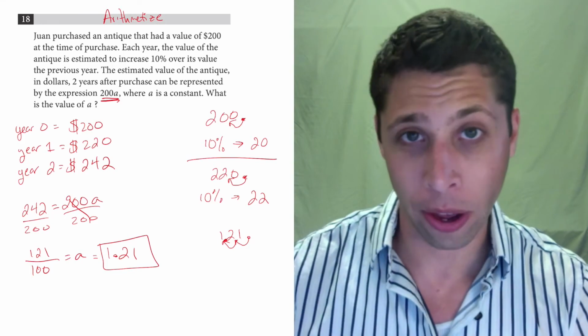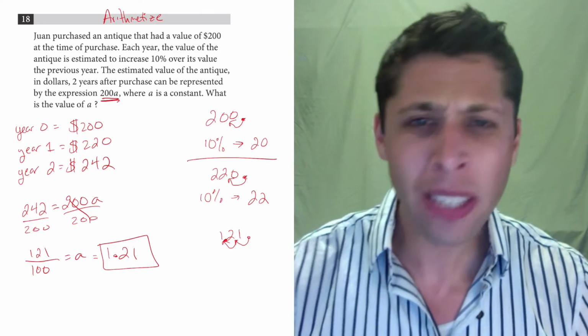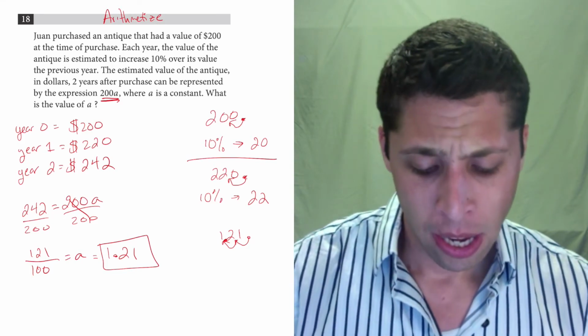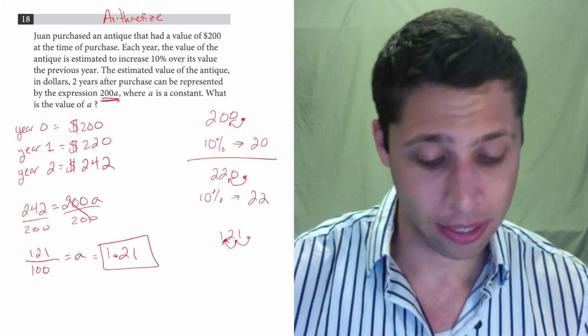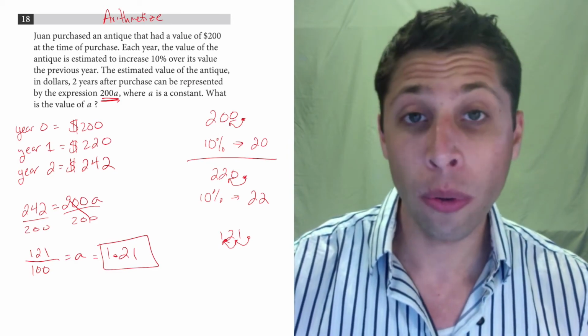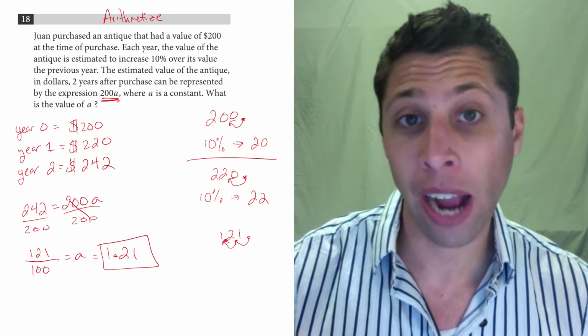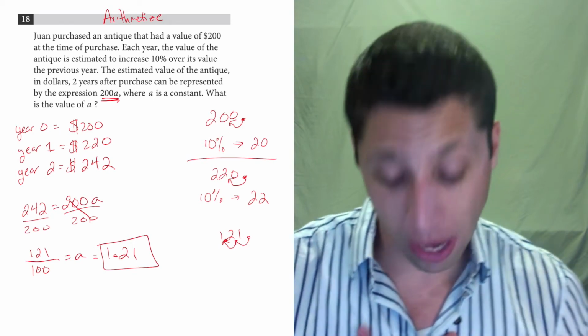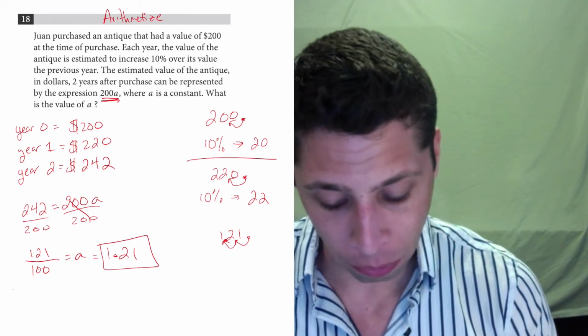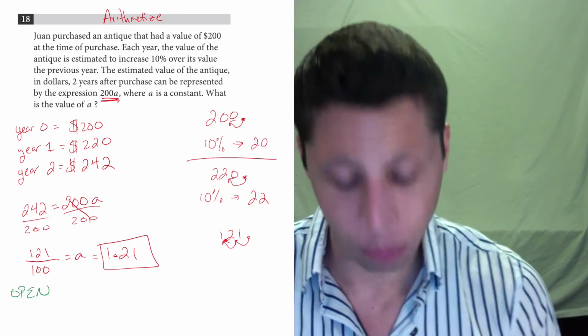Let's look at another way, though, to solve this question that's more based on formulas. So if we have exponential growth, which is what this is, we know that there's a way to figure out exponential growth equations. The way that I teach my students is I use what I call the open formula. Open, like the word open.